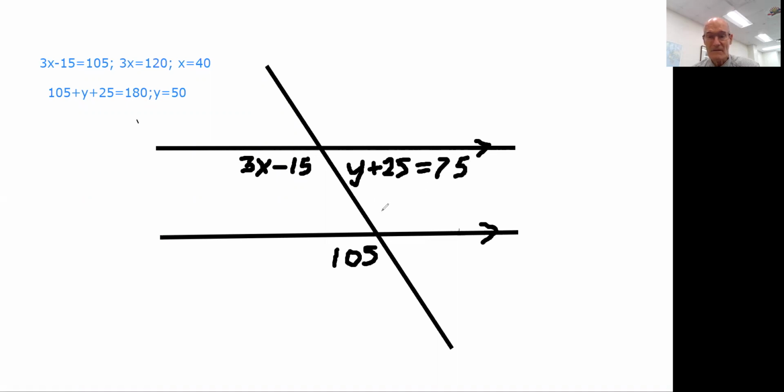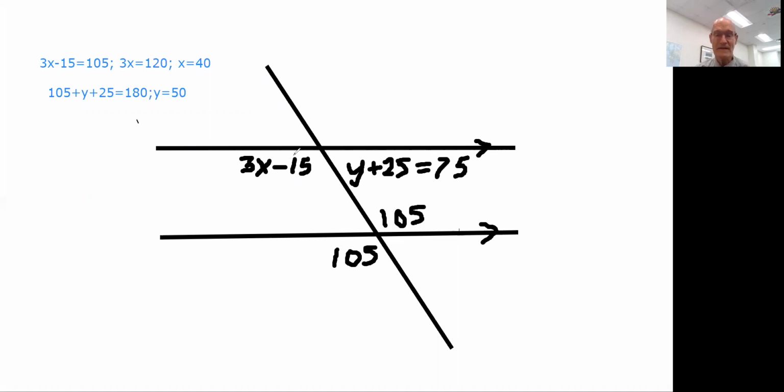And that means this angle right here is 105 because these two are vertical. And 105 and 75 add to 180. So these same side interior angles here are supplementary, and this one are congruent.